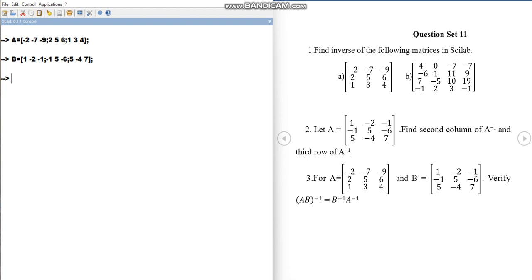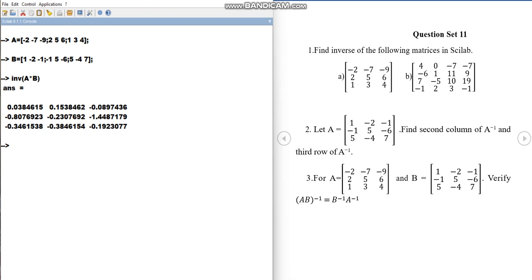Let us verify whether the inverse of A into B is the same as inverse of B into inverse of A. So no need to find the product of the two matrices separately. We can write inv(A*B), this.